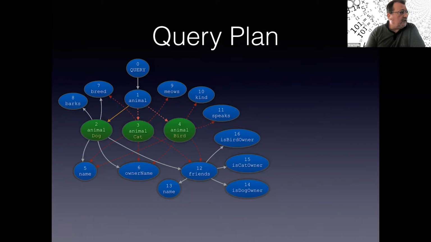And these vertices are indicated on the graph with a slightly different color, the green color, to represent the special vertices that are associated with the concrete types of the animal interface.